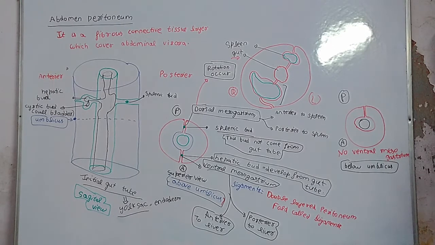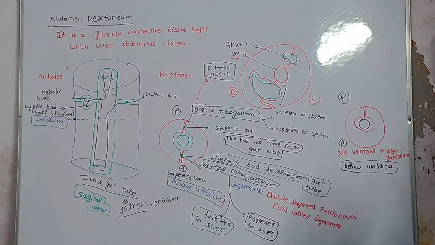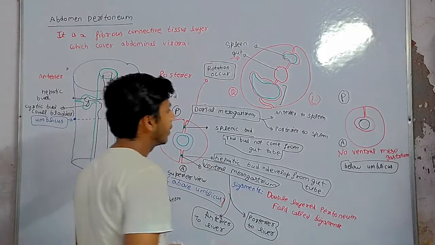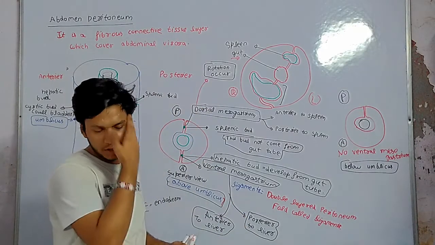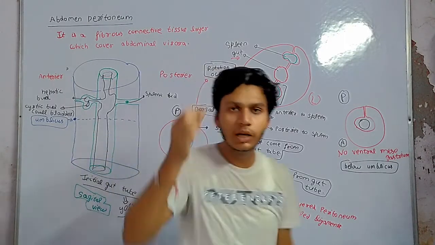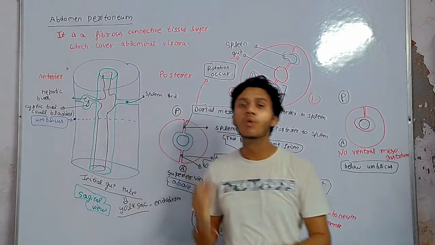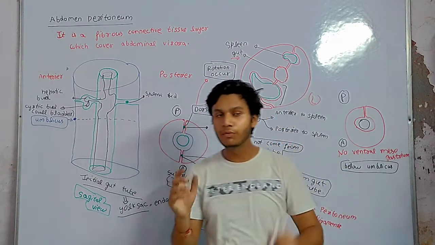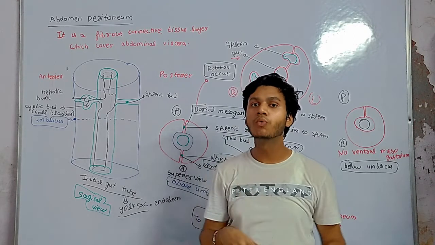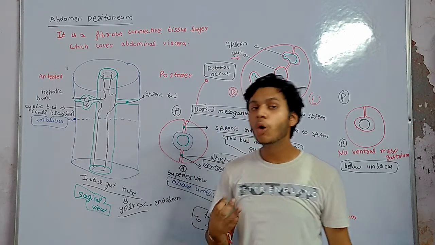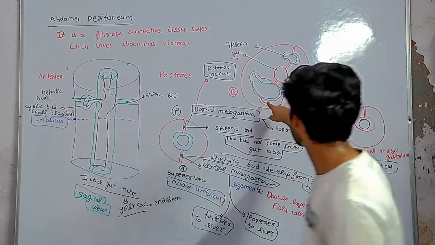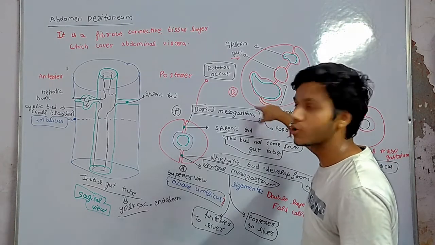So how many ligaments form? Remember, last time we covered a ligament on the liver's anterior surface, called the falciform ligament, and we wrote that it is a remnant of the ventral mesogastrium. So this is the anterior part of the ventral mesogastrium.